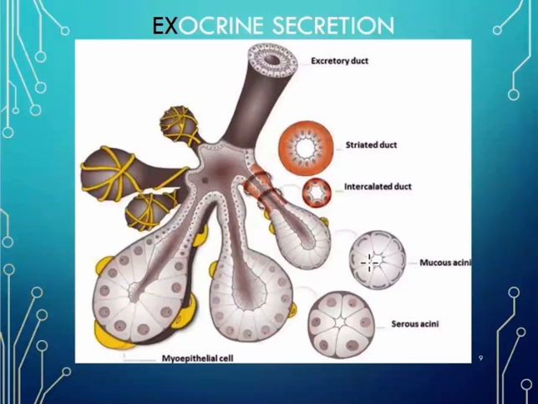We have some non-acinar cells, such as contractile cells, basal cells, plasma cells. And we have the duct system cells. We have different types of ducts until reaching the final excretory surface, which is of the oral mucosa, which is stratified squamous epithelium.